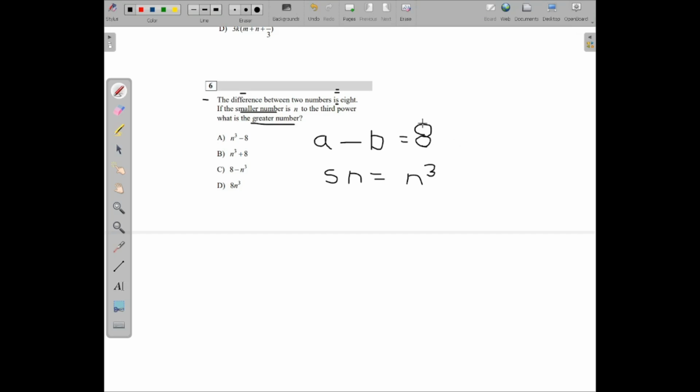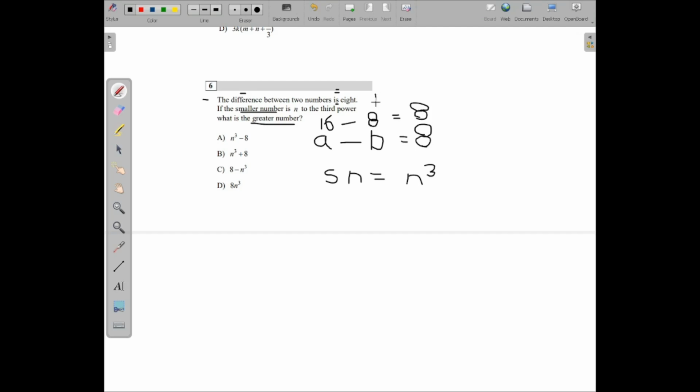We can solve this equation to find which number is the smaller. And let's say if we have to obtain 8 from this equation, we could use 8 and 16, right? Because 16 minus 8 is going to be equal to 8.